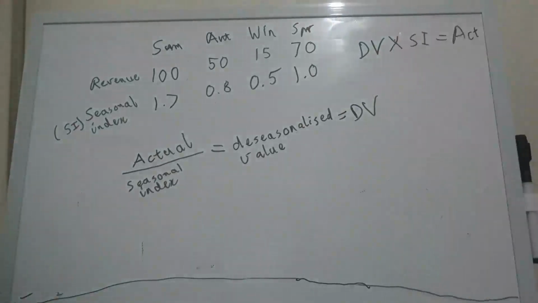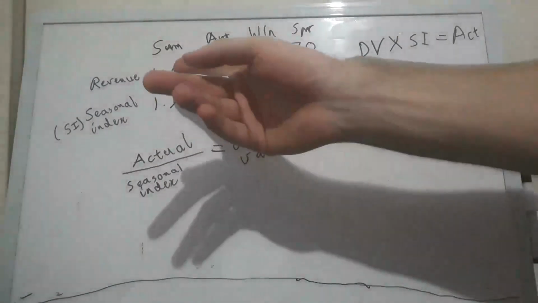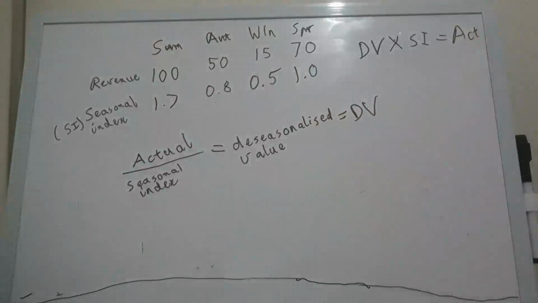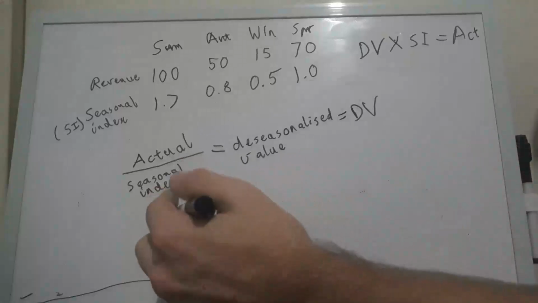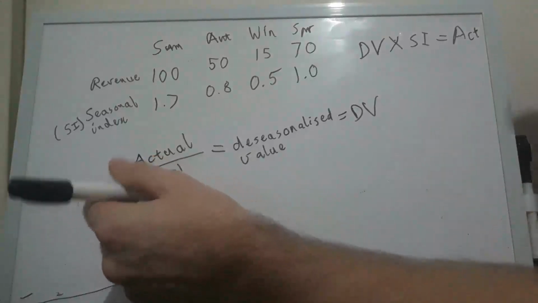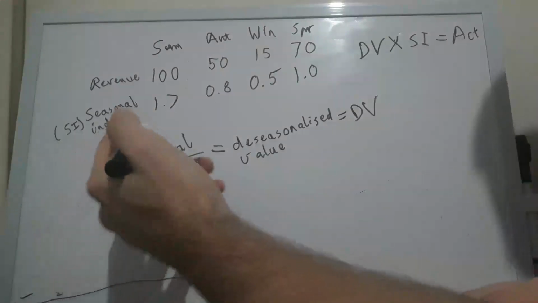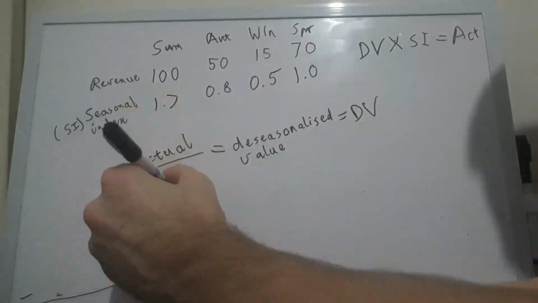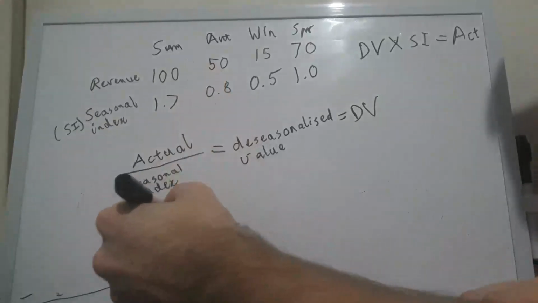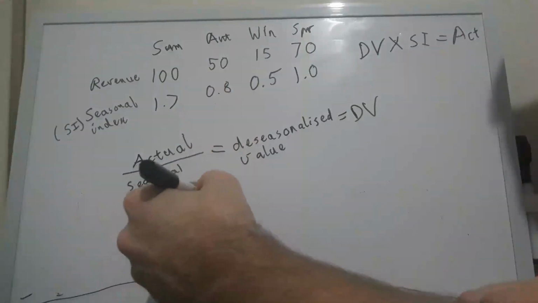So, summer you made 100 grand. That sounds great. But you know you're going to make a lot of money in summer. So to work out a more accurate representation of how well you actually did, the deseasonalized value for summer would be 100, that's your actual, divided by 1.7.